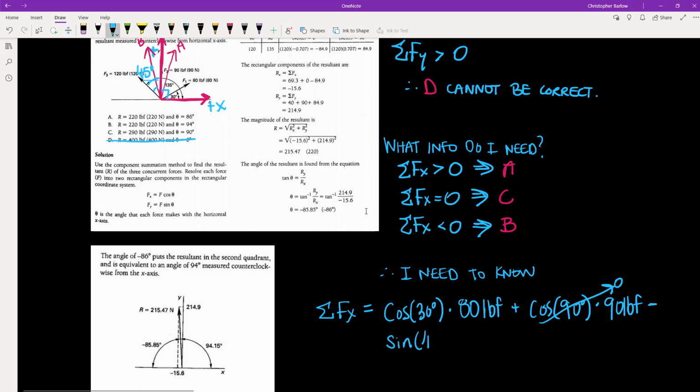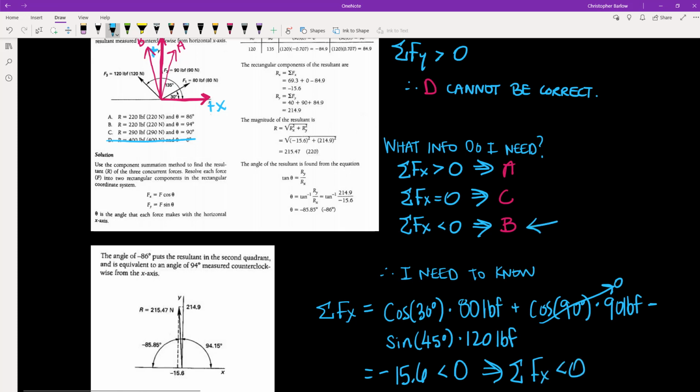So we'll choose sine 45 times 120 pound force. Adding all that up, we get negative 15.6, which is less than 0. So sum of Fx is less than 0, which means that answer B is the correct answer.